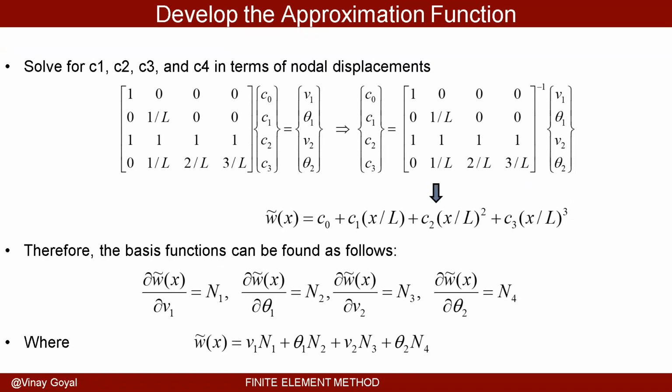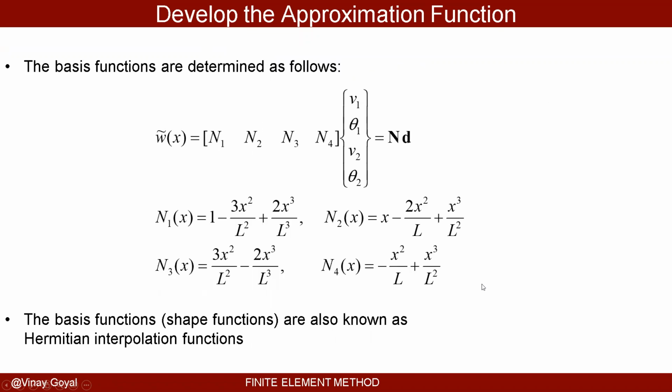When you go through this process to find N1, N2, N3, N4, you will find that the shape functions, or the trial or basis functions, look like this. And they look strange, but these are the shape functions. What I want to point out is that these shape functions are exactly 1 at the node that matters, but 0 at the other nodes.